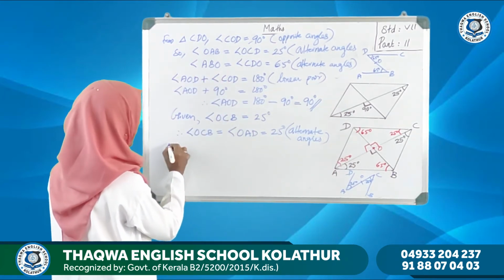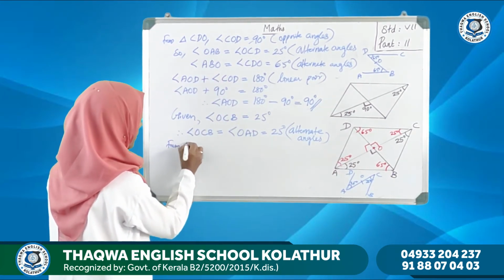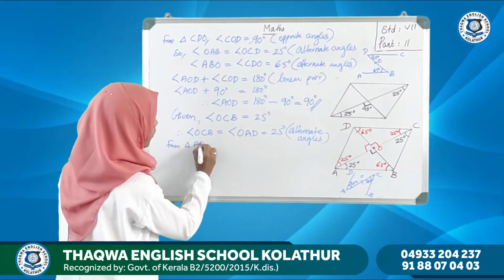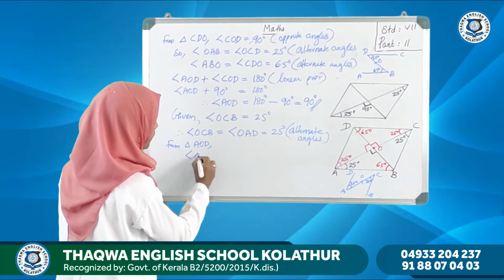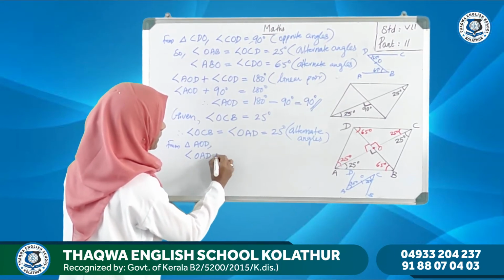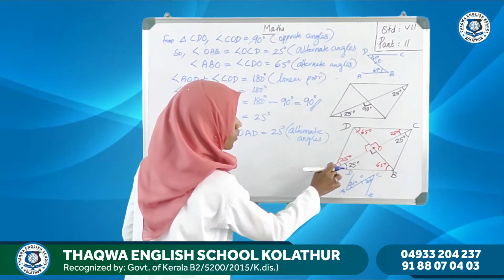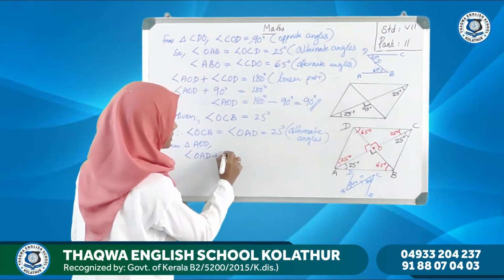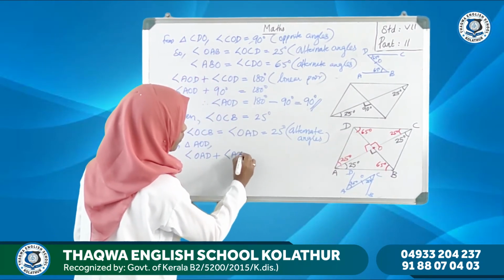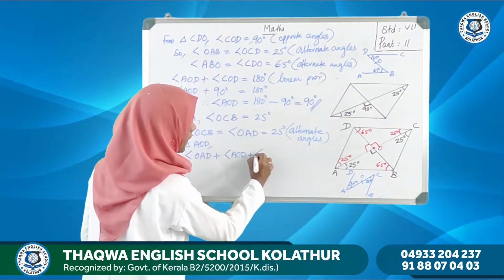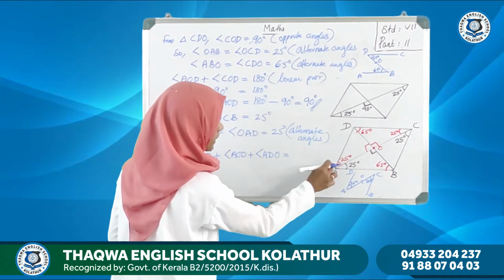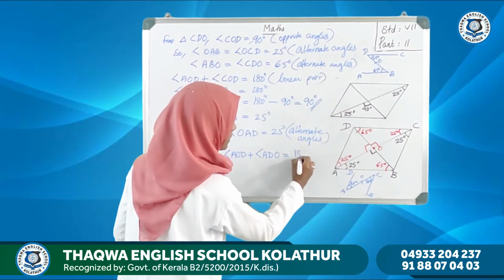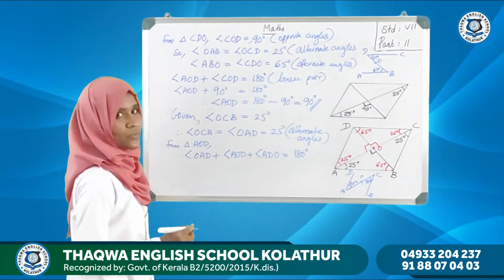So, from triangle AOD, we can write angle OAD plus angle AOD plus angle ADO equals 180.